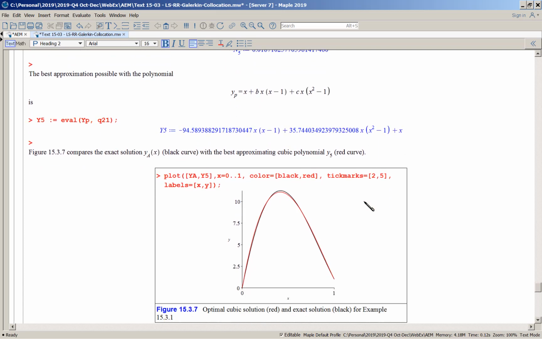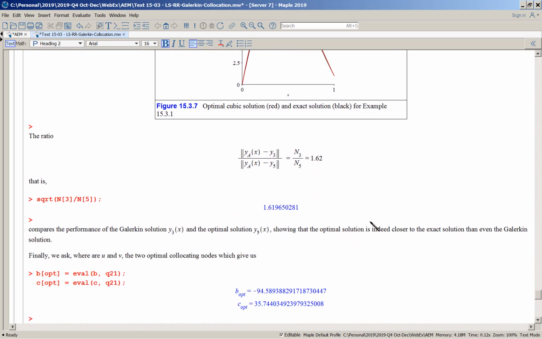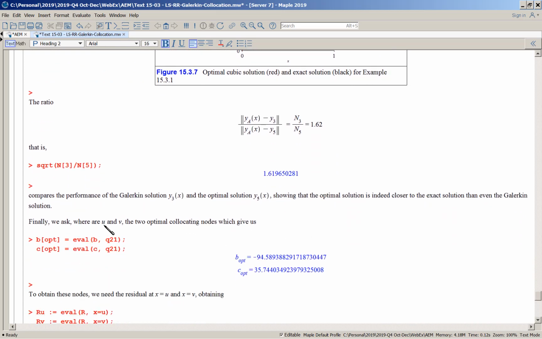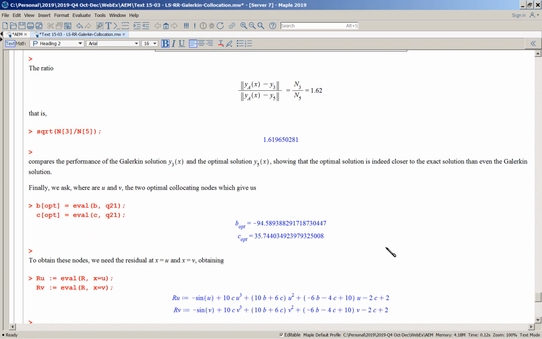We look at this optimal collocation solution. We want to work back to values u and v in the interval 0, 1 that give us this optimal pair b and c under collocation.